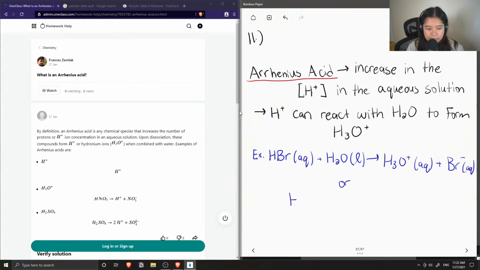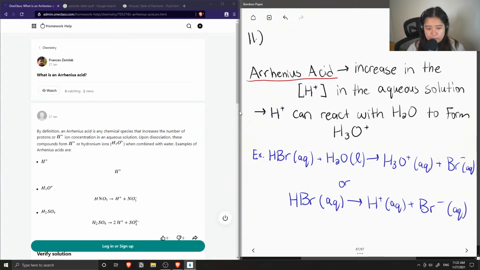But typically people like to only show HBr just on its own, which can dissociate to its ions, the proton plus Br minus. So both examples would be considered correct.